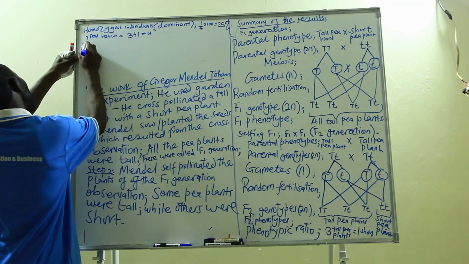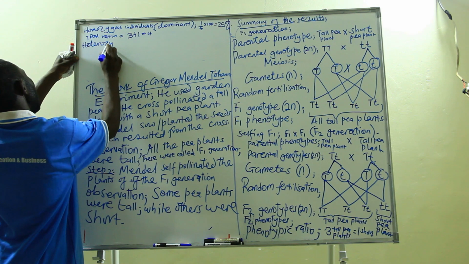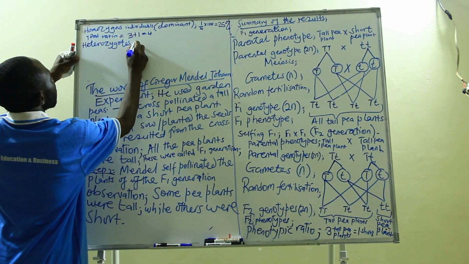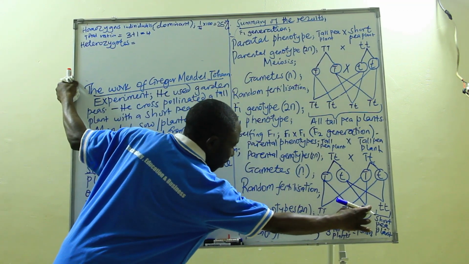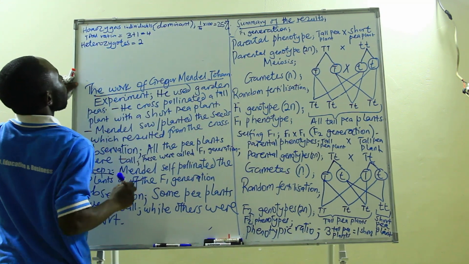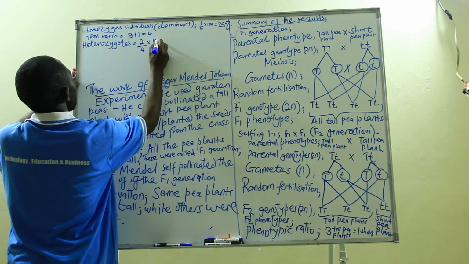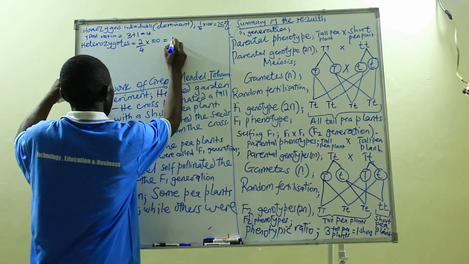Then heterozygotes, these ones are 2. We shall take these genotypes here. They are 2 out of 4 times 100. So this one gives us 50%.